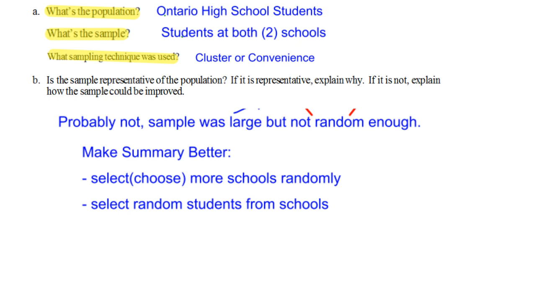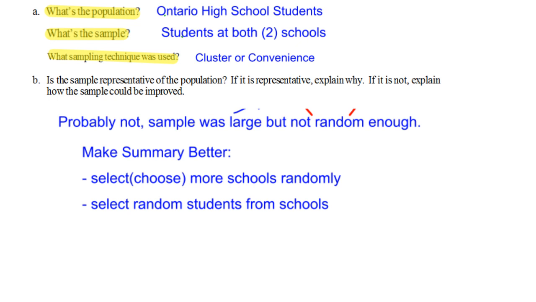So in order to make this a little bit better, we want to choose more schools randomly. And we want to select random students from the school, not just select all the students of one school.